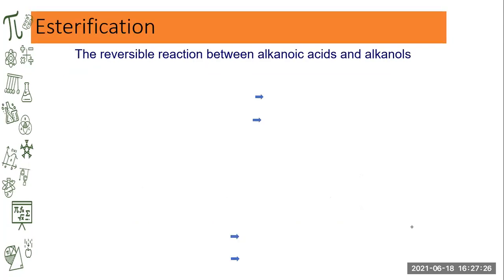All right. We now want to look at some organic reactions as a result of these functional groups. The first one we'll be looking at is esterification. Esterification is a reversible reaction between alkanoic acid and alkanols to form esters, or you call them alkanoates.